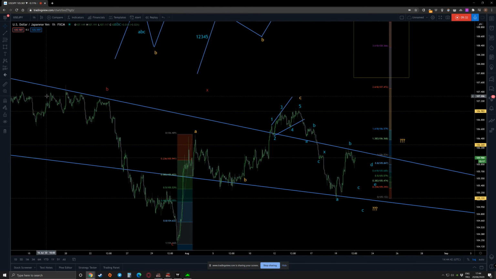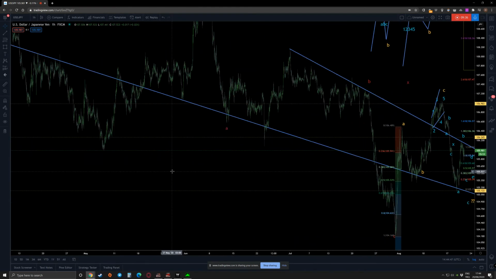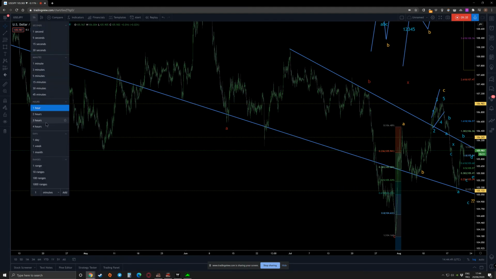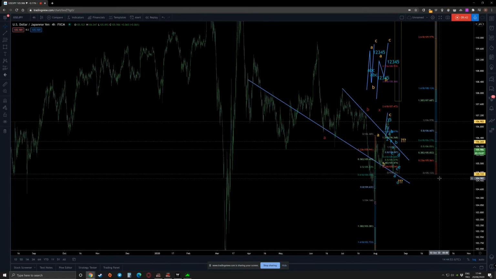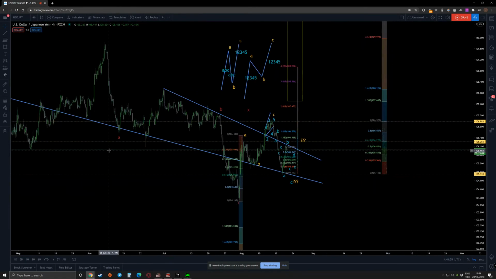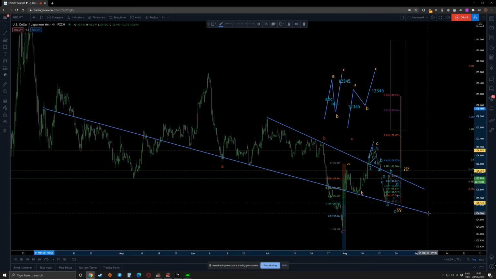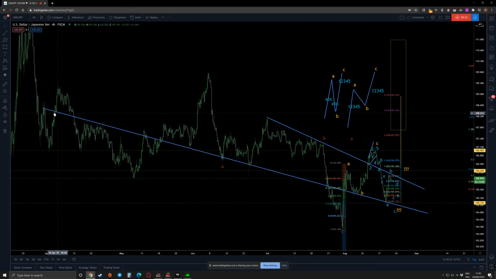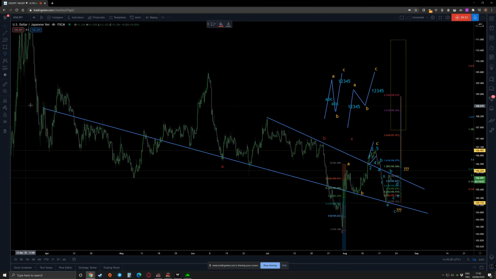And also, I wanted to show one more thing. Let's go to the 4-hour chart. The market actually did return from this trend line here. Now, this trend line, of course, is a little bit subjective.